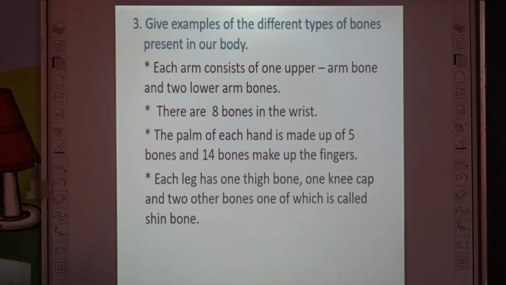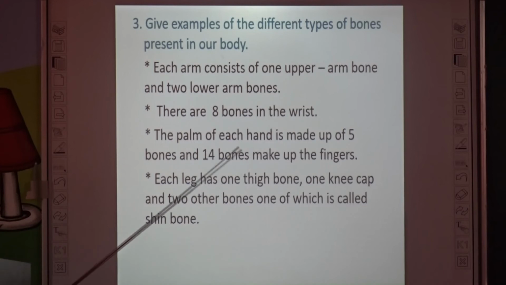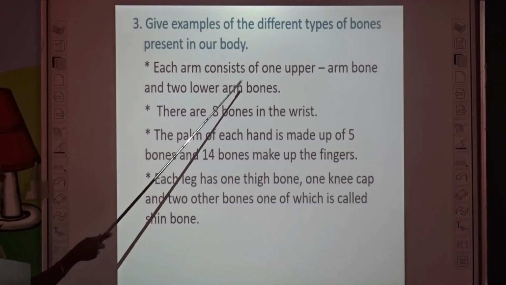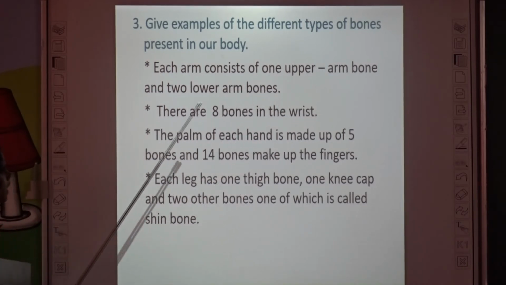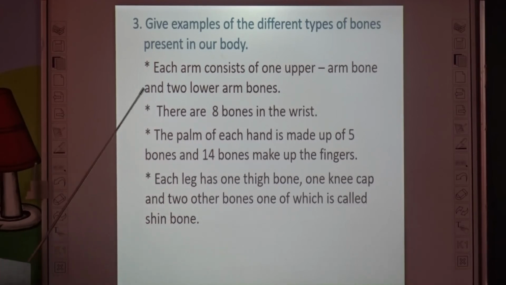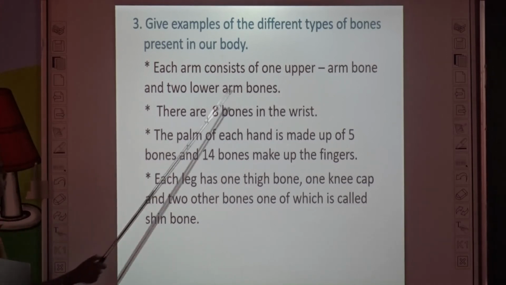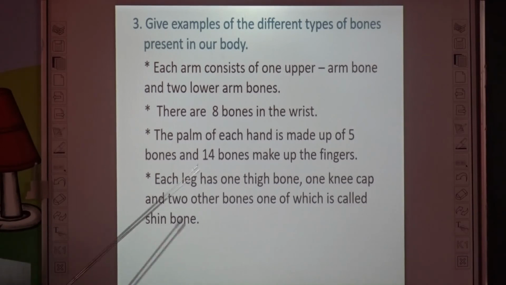Give examples of different types of bones present in our body. There are different types of bones present in our body. Each arm consists of one upper arm bone and two lower arm bones.